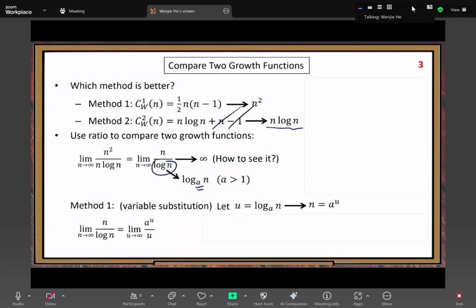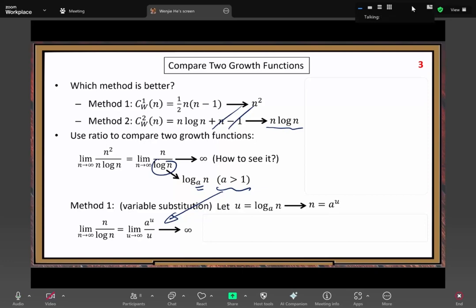So you view the ratio from a different angle this time. The numerator is an exponential function, a to the u, with a greater than 1. The base of the exponential function is strictly greater than 1.